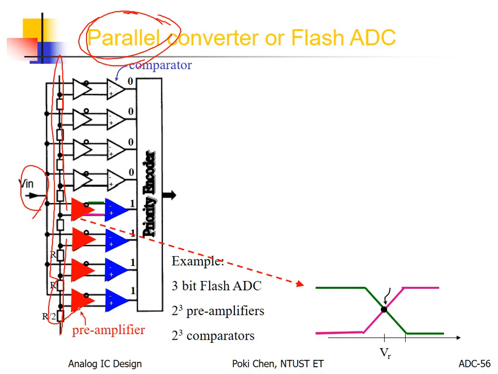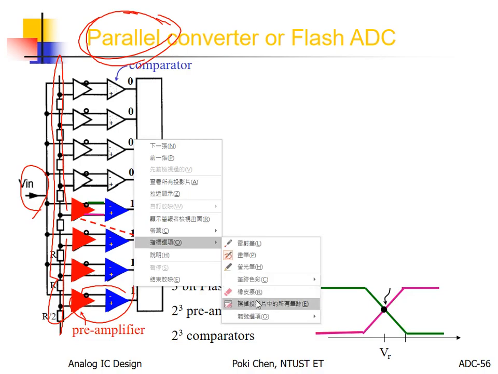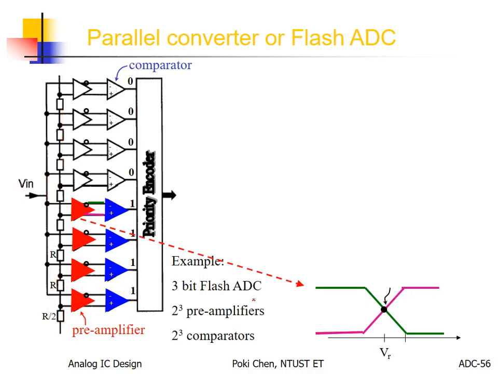Anyway, this is the so-called comparator. To compare the input to each quantization level, we need a comparator. But from the structure, you can see the comparator is composed of two amplifiers. We have pre-amplifiers and finally the real comparator. But why?